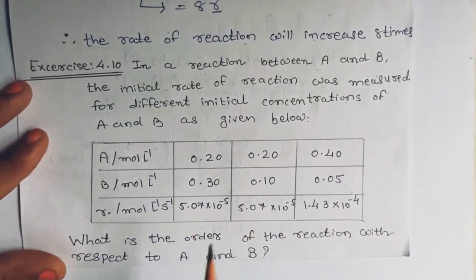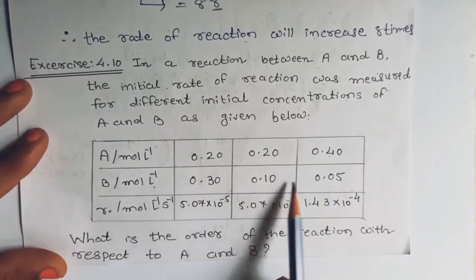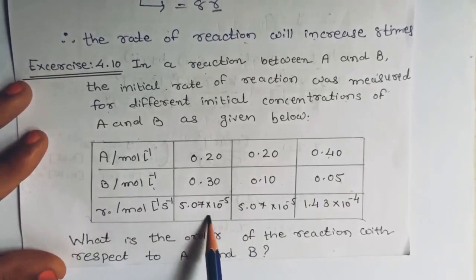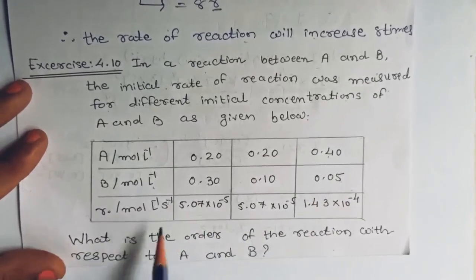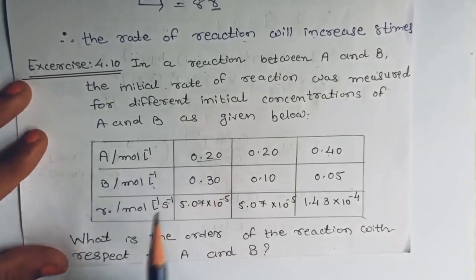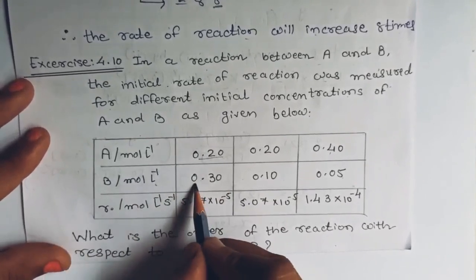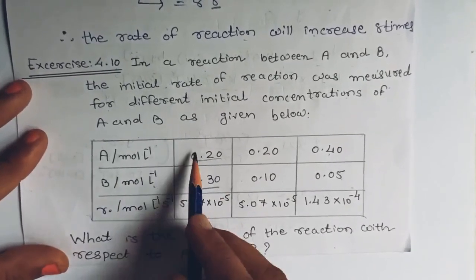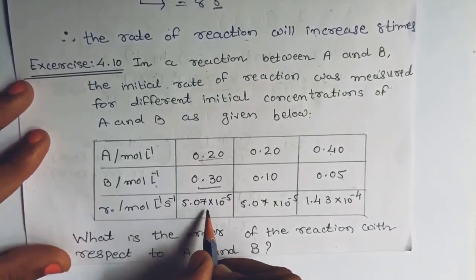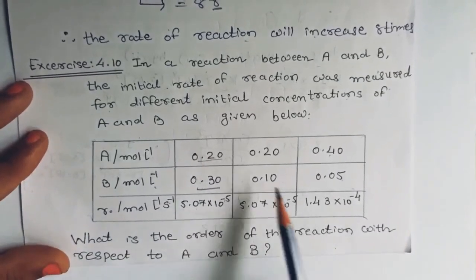At the different concentrations of A and B, the rate of reaction is measured practically. When the concentration of A is 0.20 and the concentration of B is 0.30, the rate for these two concentrations is 5.07 into 10 to the power minus 5, which is measured practically.